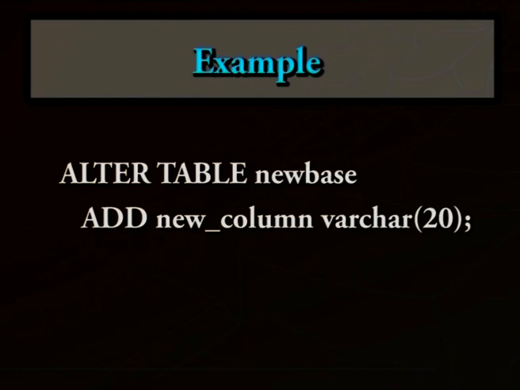For example, alter table new base add new_column varchar 20. So, in this example, we are altering the table new base by adding a new column with the name new_column and its data type is varchar.